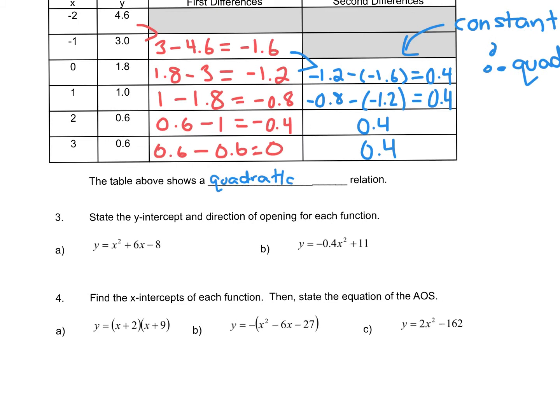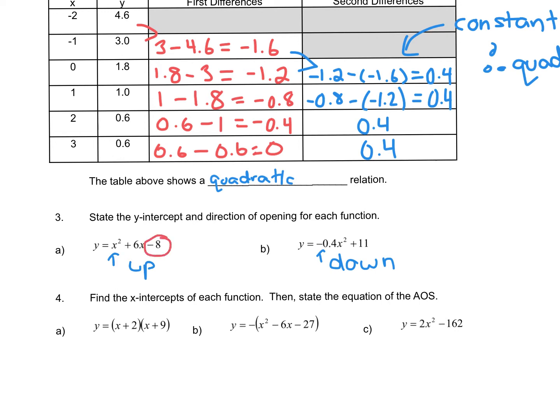State the y-intercept and the direction of opening for each function. When you're looking at these equations, the direction of opening is always the a. A positive means it's opening up, okay? A negative means it's opening down. And the y-intercept is pretty easy.